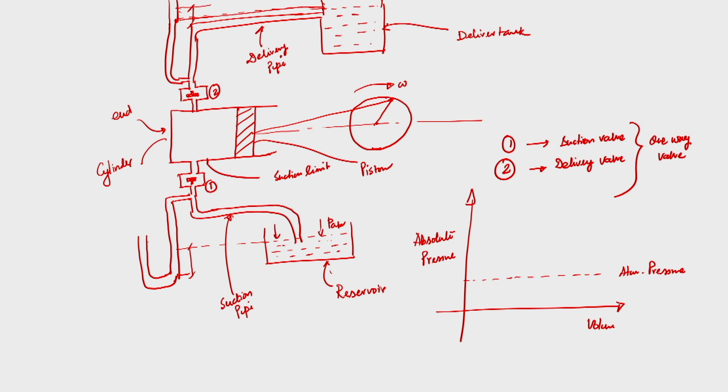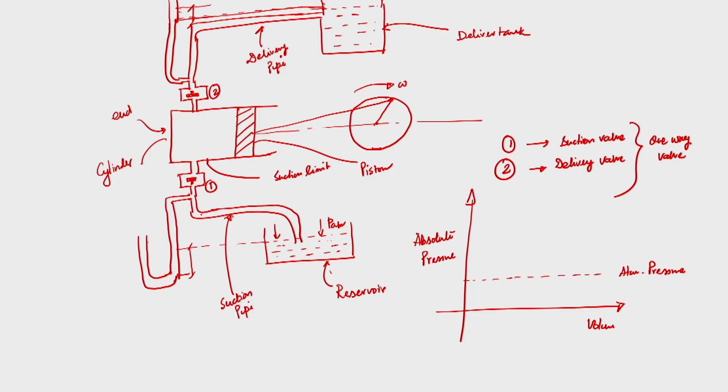When I bring the piston from the end to the front side, that open side of the piston, we are creating negative pressure inside the cylinder, which will be below the atmospheric pressure, and that driving pressure difference will act because the suction pipeline is connected to the reservoir where atmospheric pressure is acting on the fluid mass.